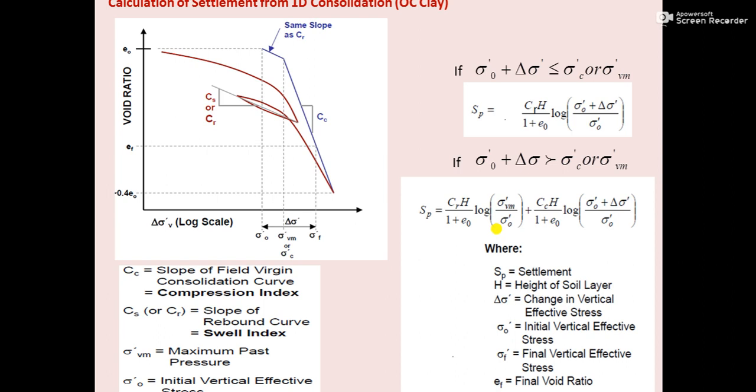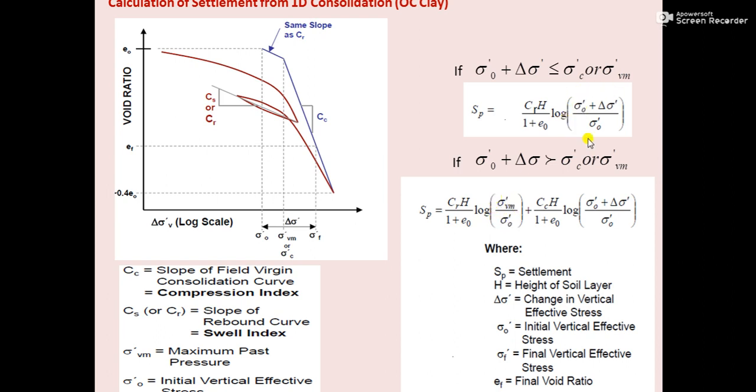In that case, before the maximum past pressure it will reach, the formula of settlement calculation should be considering the swell index or rebound index. So CR into H1 plus E naught log.